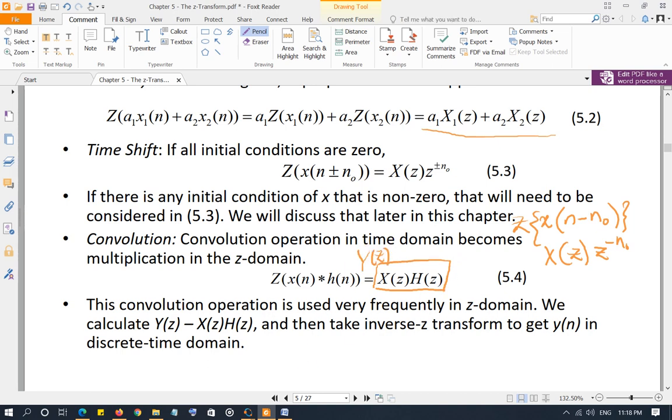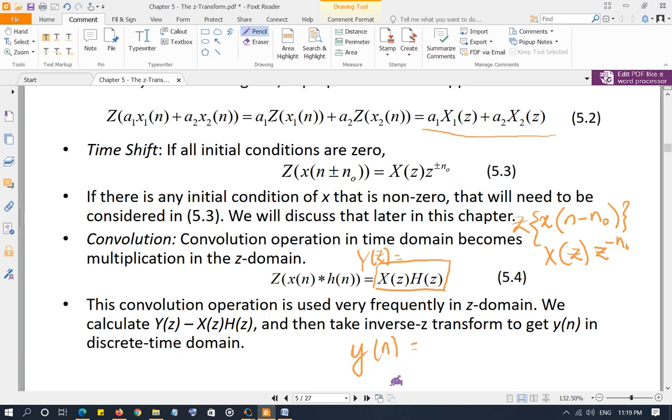So you calculate y sub z, and then as you will see, y sub z will be a fraction, a polynomial in terms of z in the numerator and a polynomial in terms of z in the denominator. So from that fraction we create partial fractions in terms of z, and from those partial fractions we use the table and see what is the inverse Z transform, that is what is the corresponding time domain signal, and then we write that for y sub n.